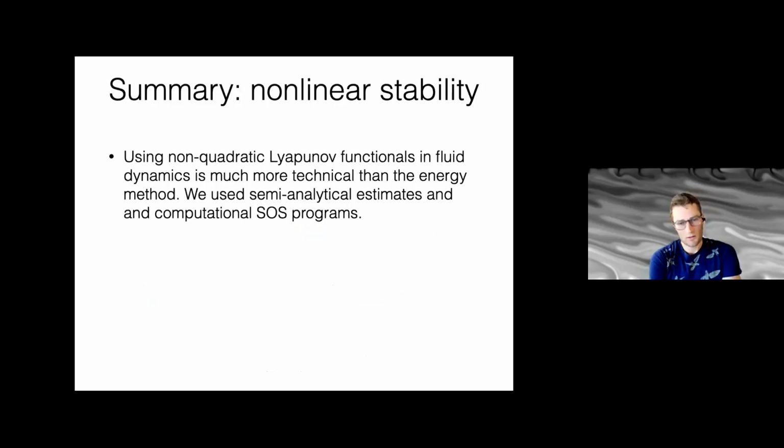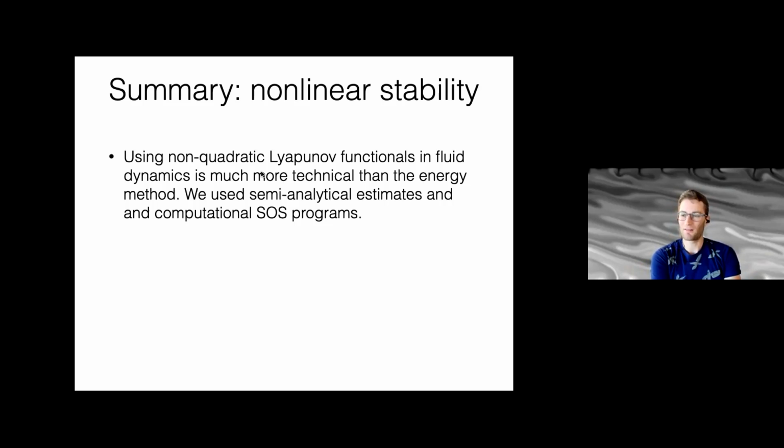Okay, so in summary of the first part of this talk, for nonlinear stability in Navier-Stokes and related equations, using non-quadratic Lyapunov functions is much more technical than the energy method. Here, we showed one particular way of generalizing beyond quadratic Lyapunov functionals, which is to use this partial Goluskin expansion, semi-analytical estimates, projections, and in the end, computational sum of squares programming.